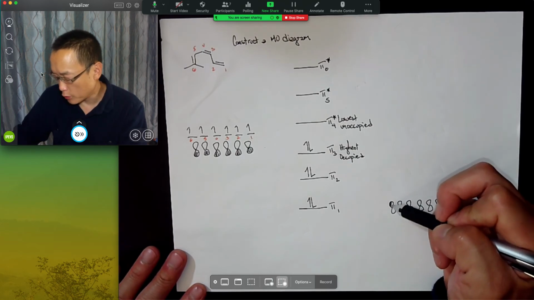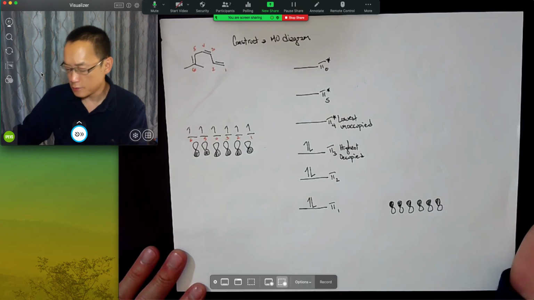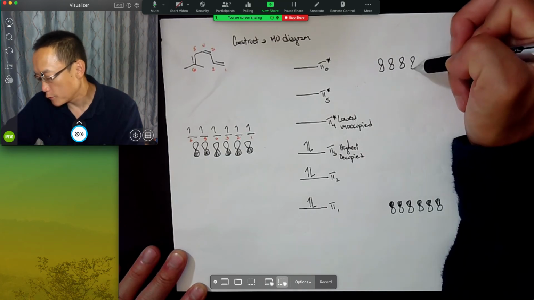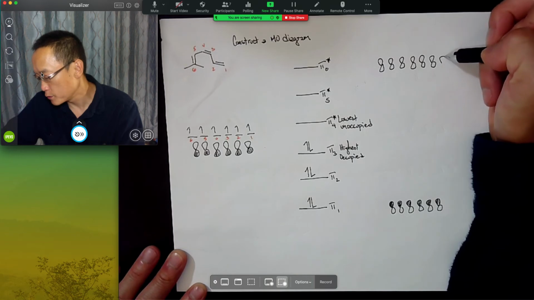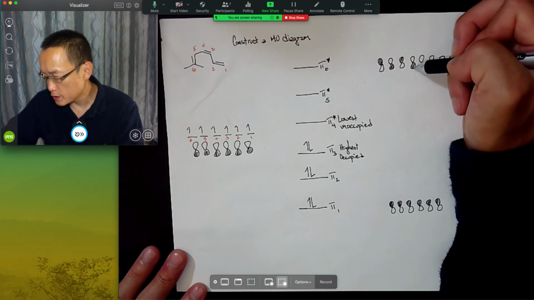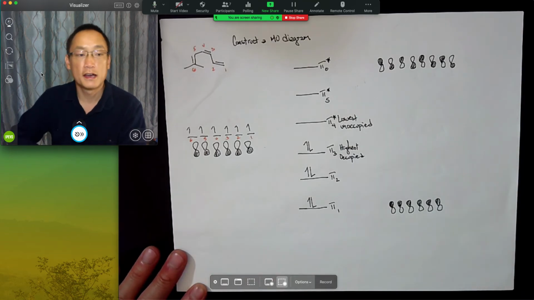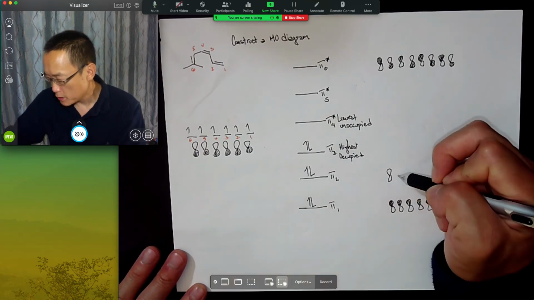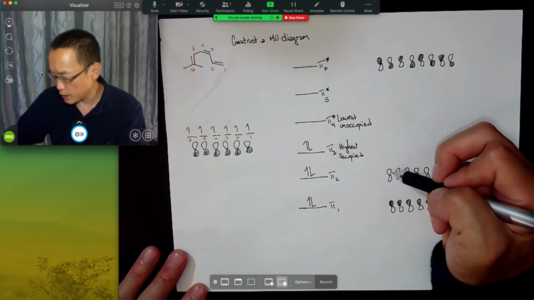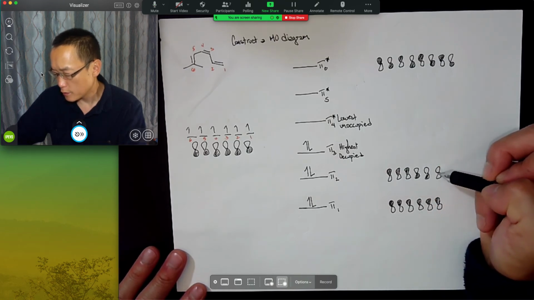But I'll do the hard work. The lowest energy molecular orbital is this one, and the highest energy molecular orbital would feature nodes in between each and every single one of those atoms. You're likely to see the handwriting deteriorate here, but here's how the shading would occur.